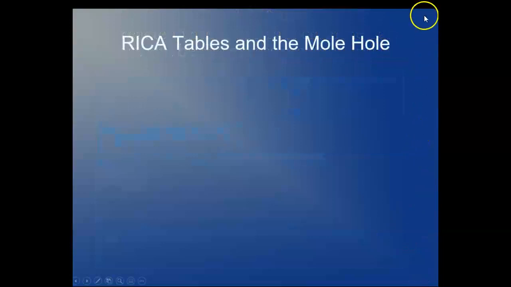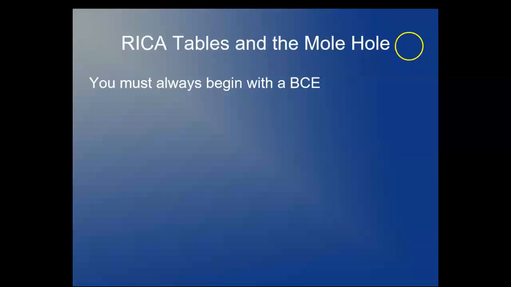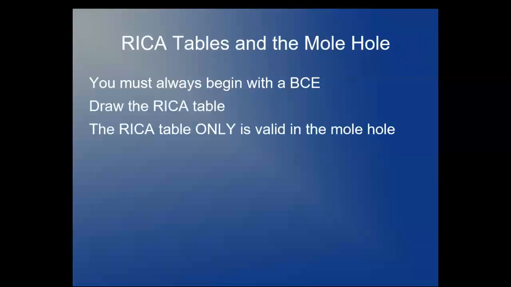So, RICA tables and the mole hole. You must always begin with a balanced chemical equation. You draw the RICA table. It's only valid in the mole hole, so it only works with moles. If you've got gases at equal temperatures and pressures, it also works with them, but we won't go over that at this time.